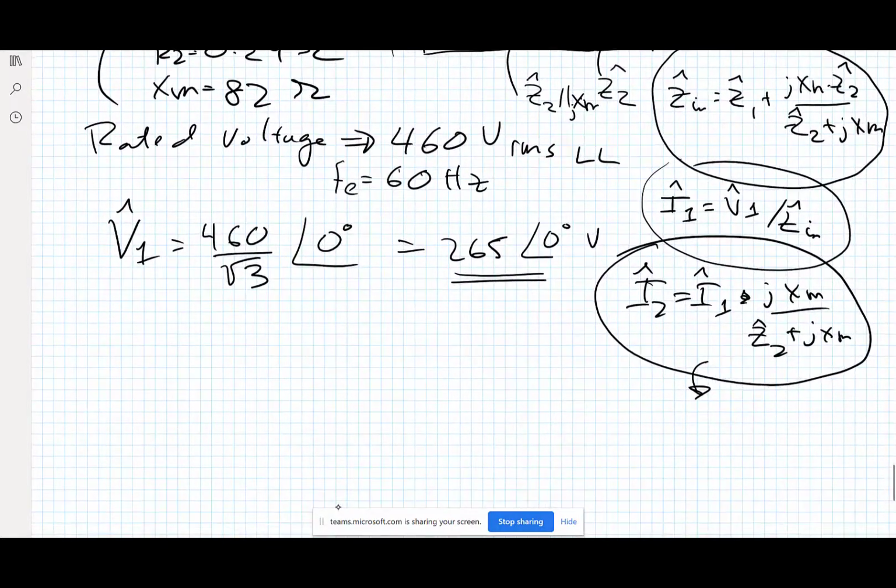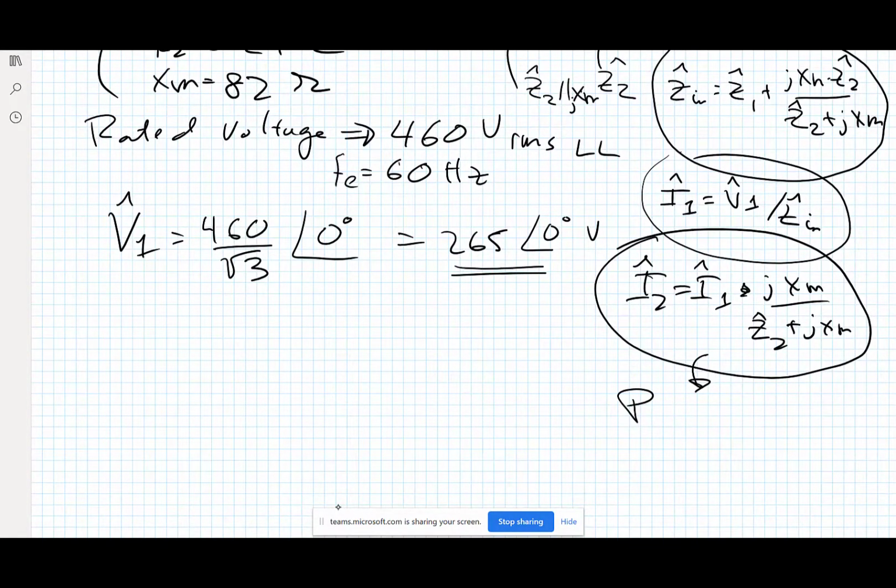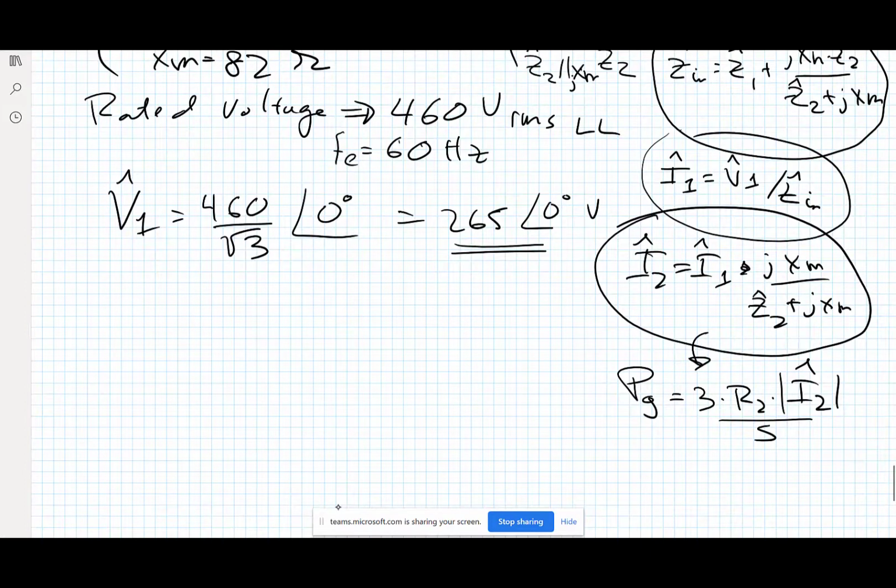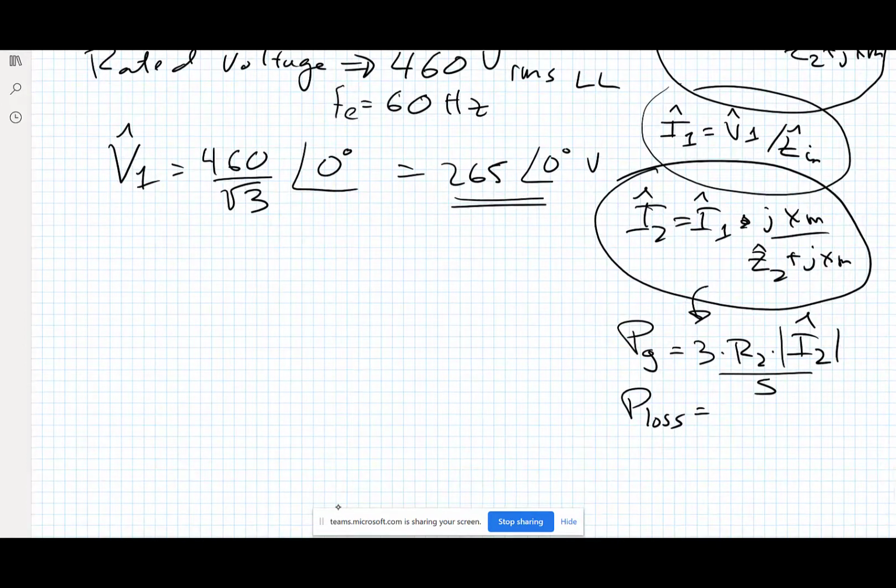I can say that P gap is equal to 3 times R2 times the magnitude of I2 squared, divided by S. Once I know that, I know P mechanical is (1 minus S) times P gap, since I know slip.